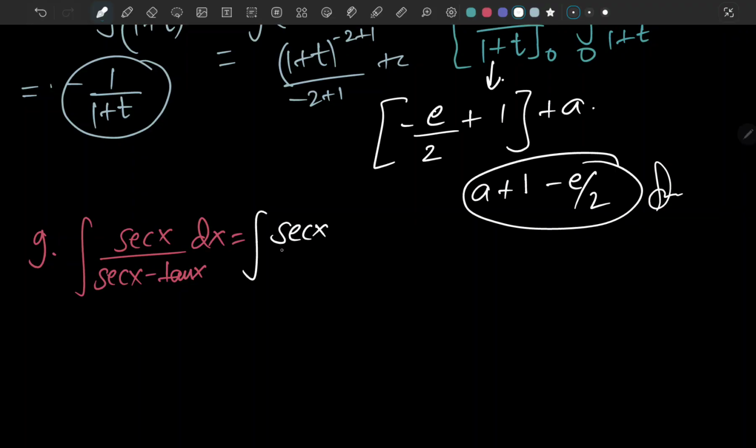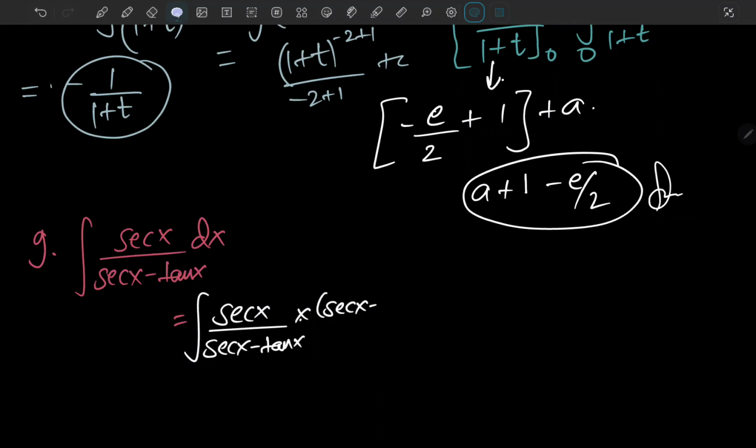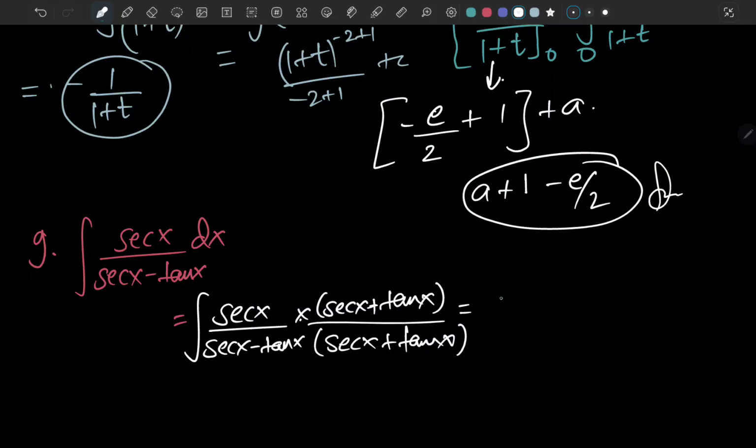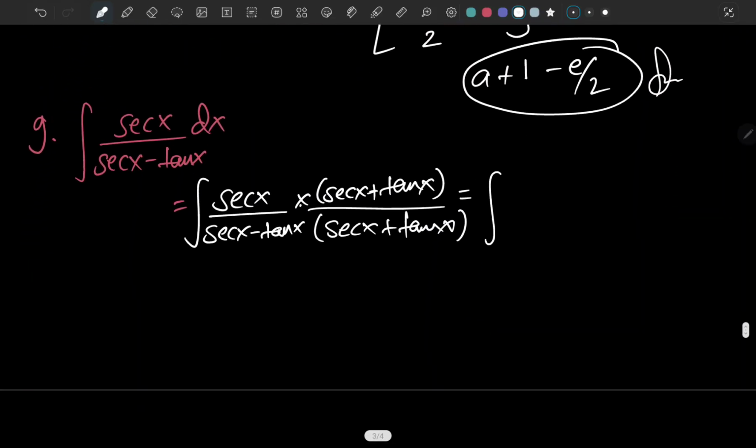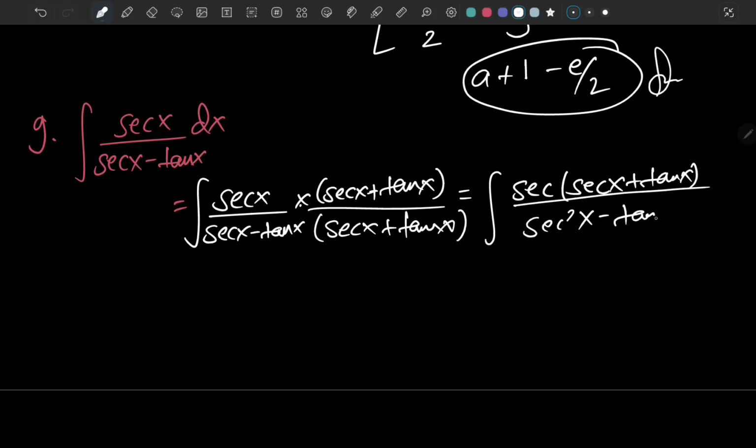Well, the integral of secant x over secant x minus tangent x, multiplying by secant x plus tangent x. Why I did that, you will get to know in a while. So in the numerator we have secant x times secant x plus tangent x, and in the denominator we have secant squared of x minus tangent squared of x.